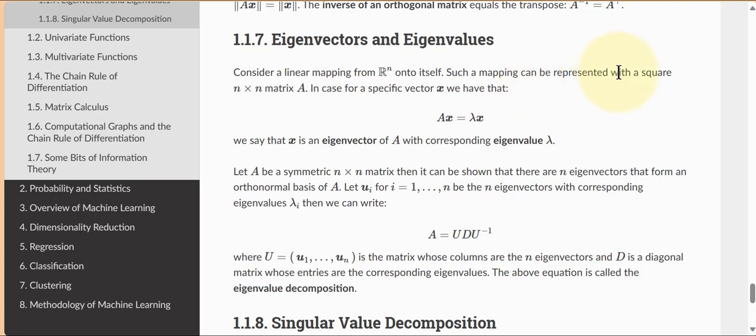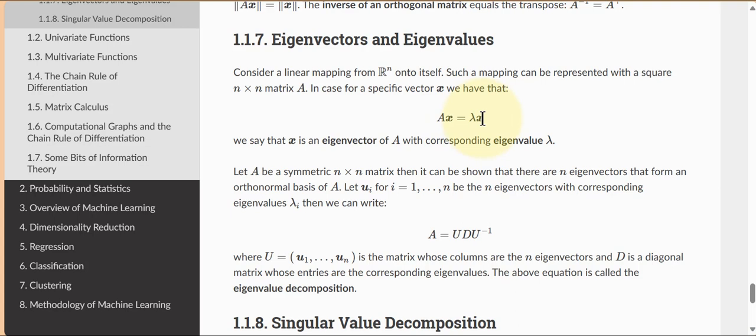Such a mapping can be represented with a square n by n matrix. In case for a specific vector x, we suppose that we have this here. That is, we're given a matrix, and if there's an x which, when you multiply A times that x, you just get a scalar multiple of x.